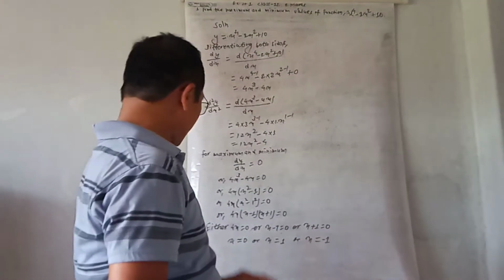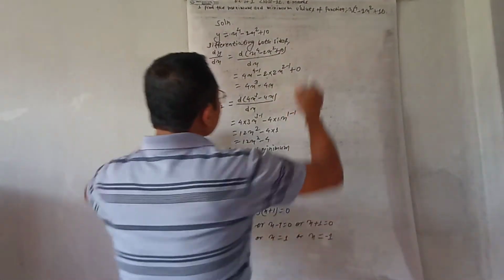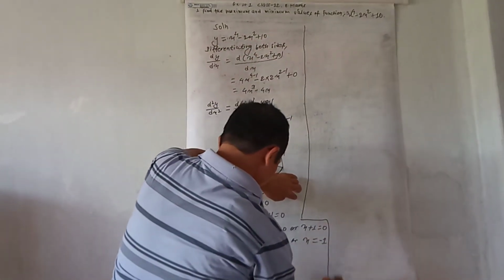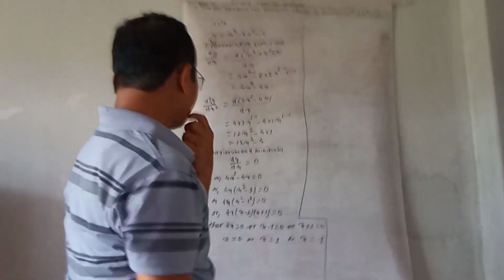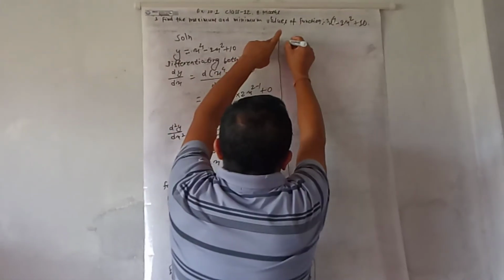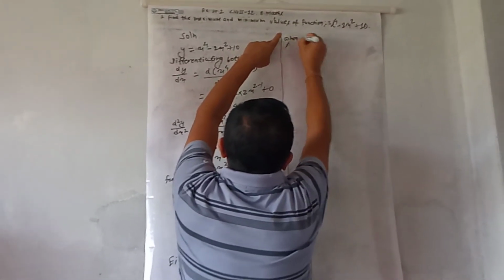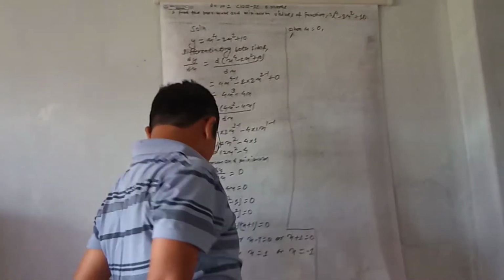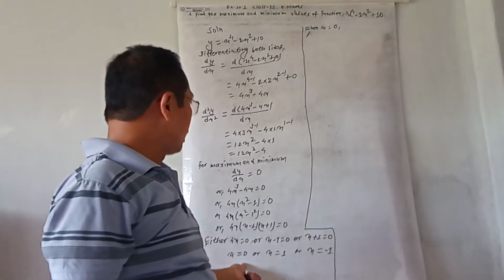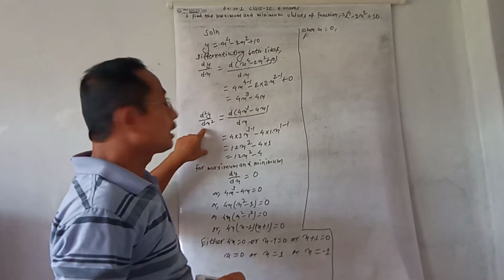So after finding the value of x, we should calculate the value of the second derivative. When x is equal to 0, we have to put x equal to 0 in the second derivative.